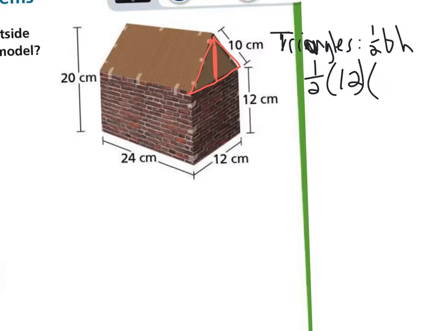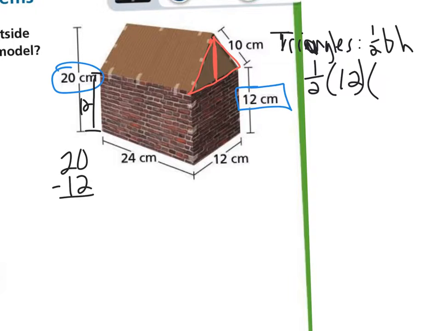No. Okay, how'd you get 8? On the side, there's a 20, which is the height of the whole thing. And on the other side, there's a 12 centimeters, which is the height of the square. And you subtract that. Good. So we've got a 12 at the bottom here, and we've got a 20 as the total thing. So 20 minus 12 would be 8.